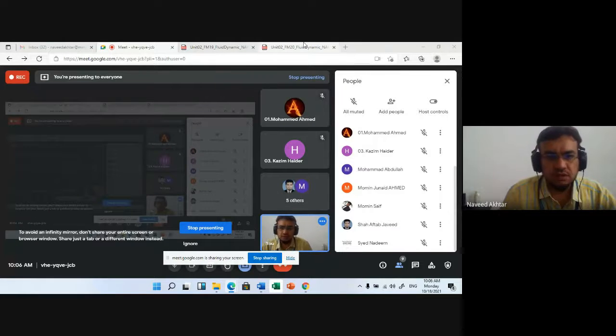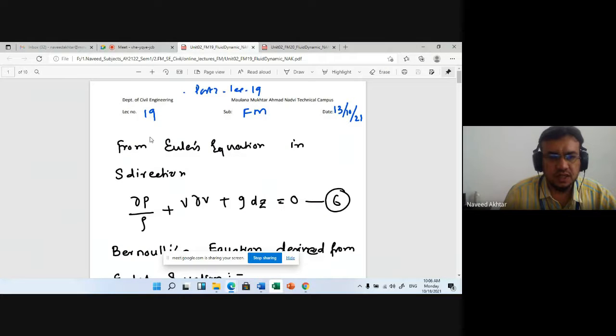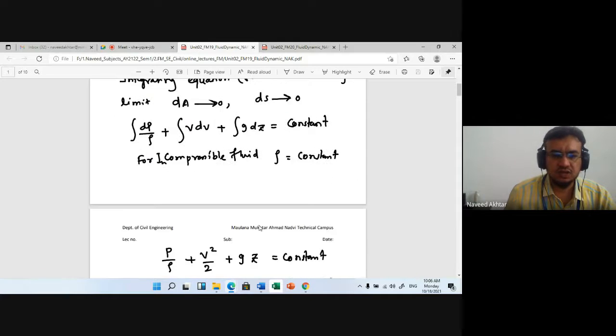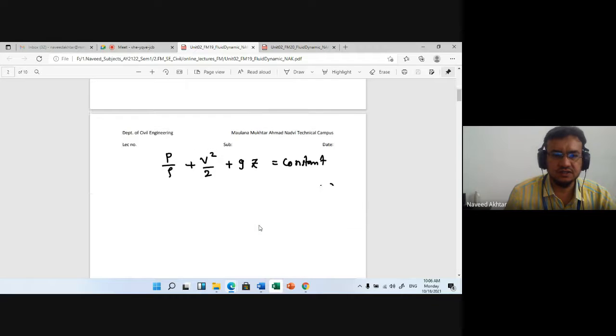In the previous class, Professor Dr. Nizam told us that from Euler's equation, considering only two types of forces, pressure force and gravitational force, we derived Bernoulli's equation by integrating the Euler's equation.